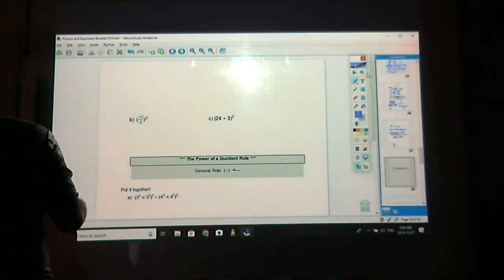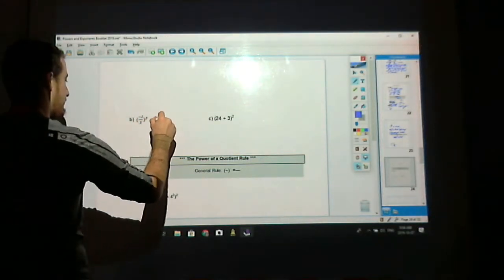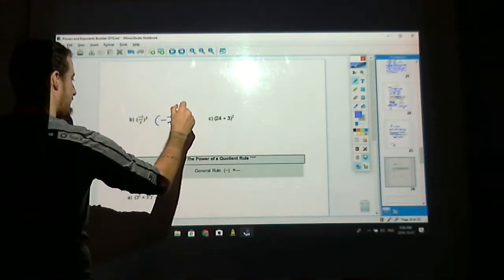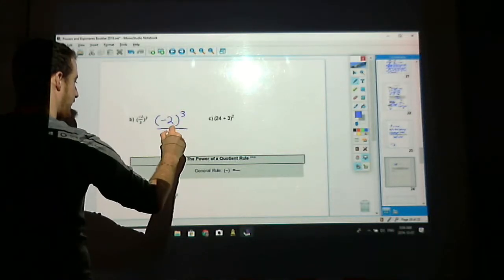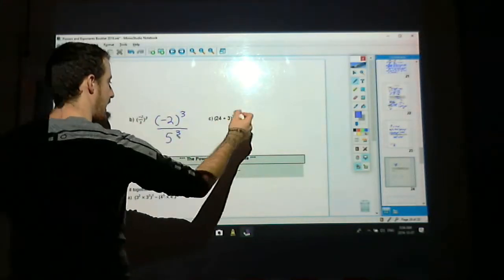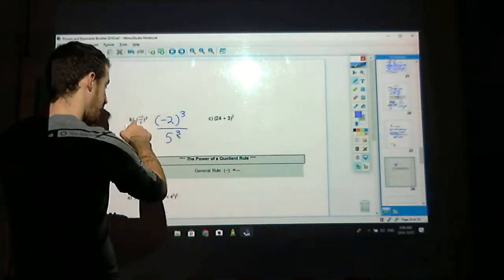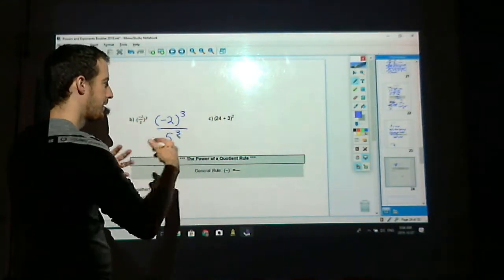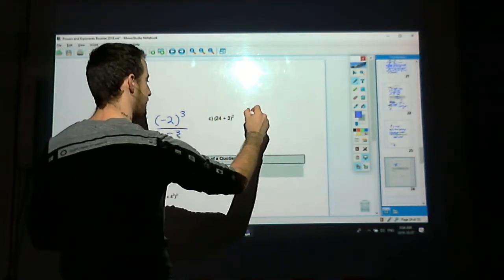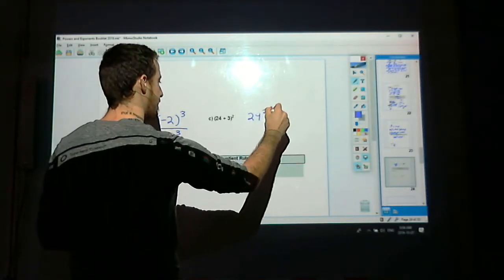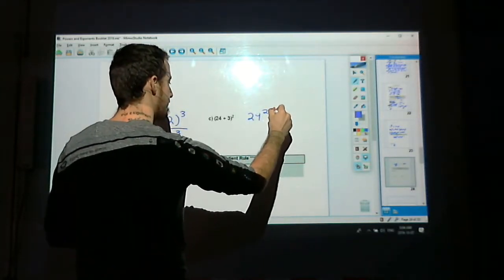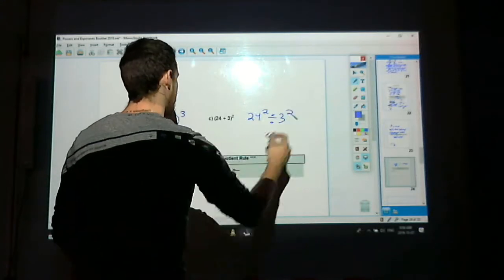Over here, the same thing applies. We can go negative 2 to the power of 3 divided by 5 to the power of 3. And again, whether it's written as a fraction or in a single line, the same things apply. So we can go 4 to the power of 2 divided by 3 to the power of 2. Right?